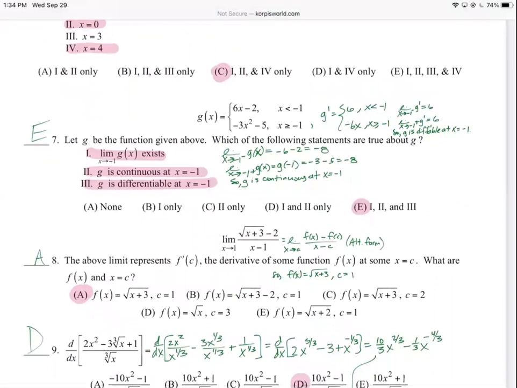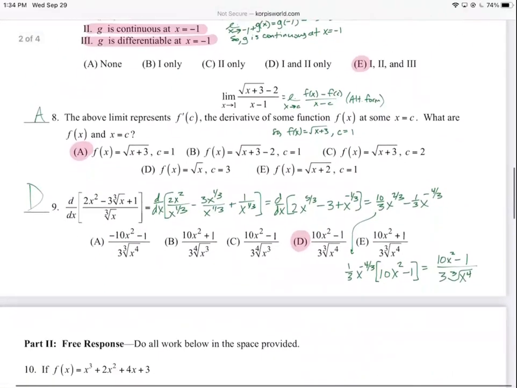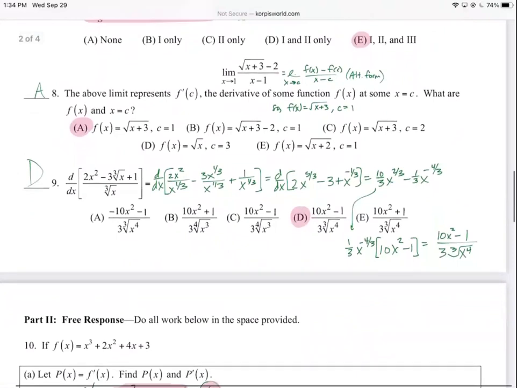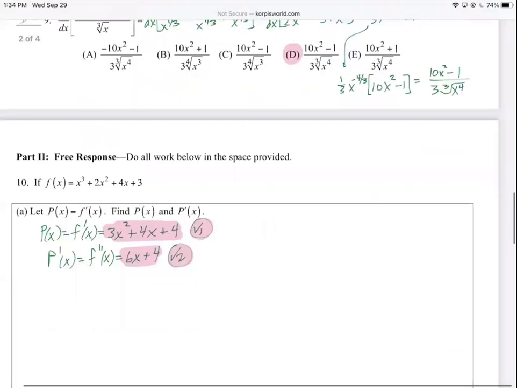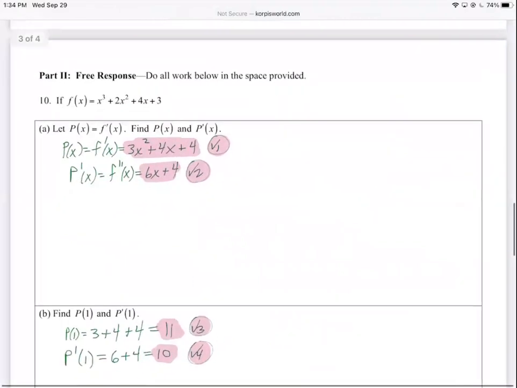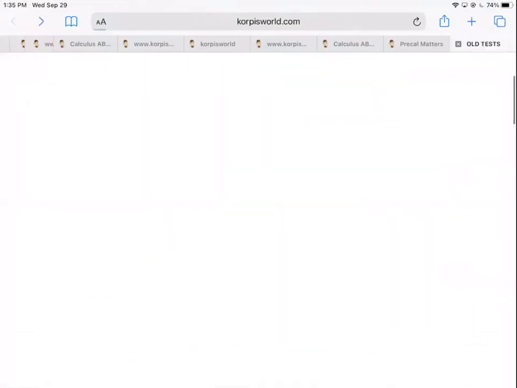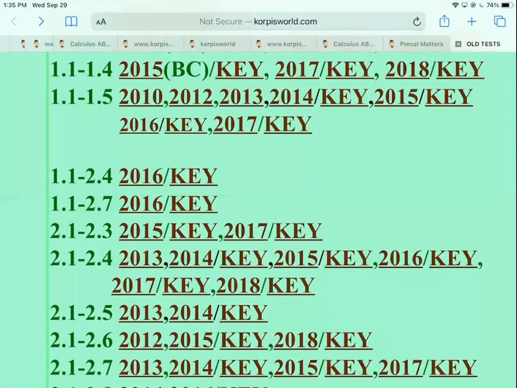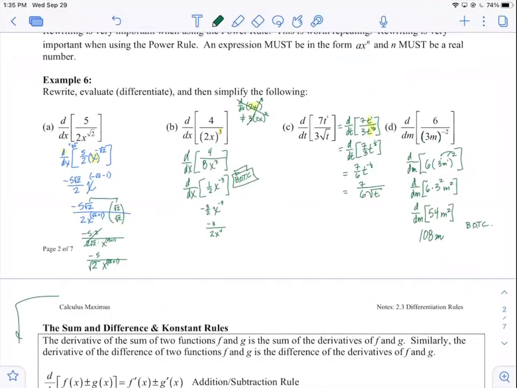Number 8 is good. Number 8's like the warm-up, but even easier. 9, I will just say again, if you're taking the derivative of multiple terms, you just take the derivative of each term one at a time.